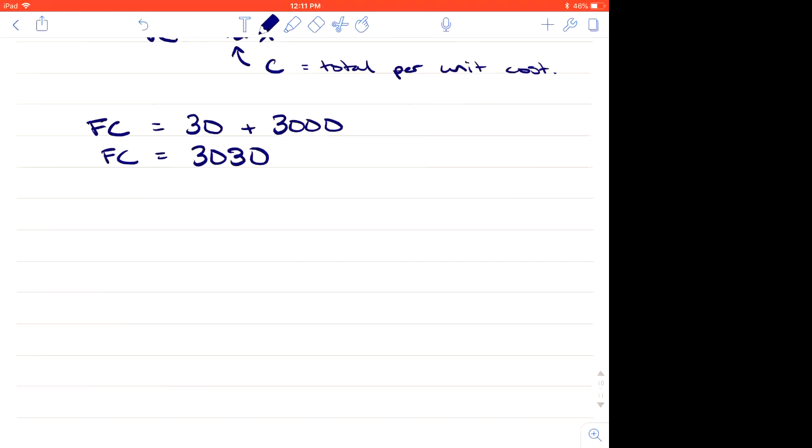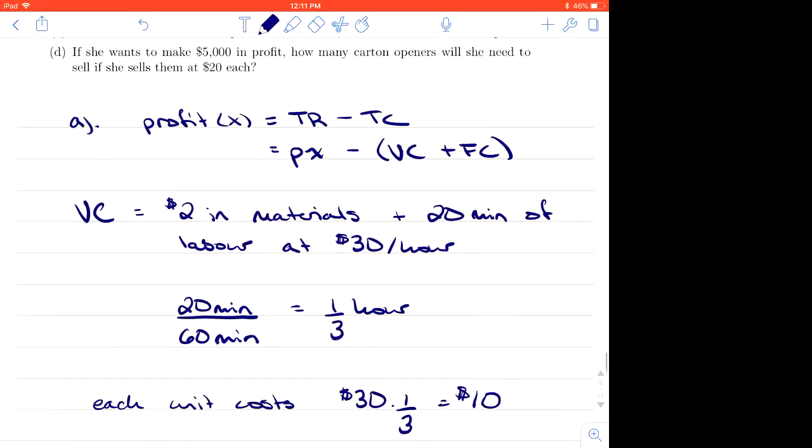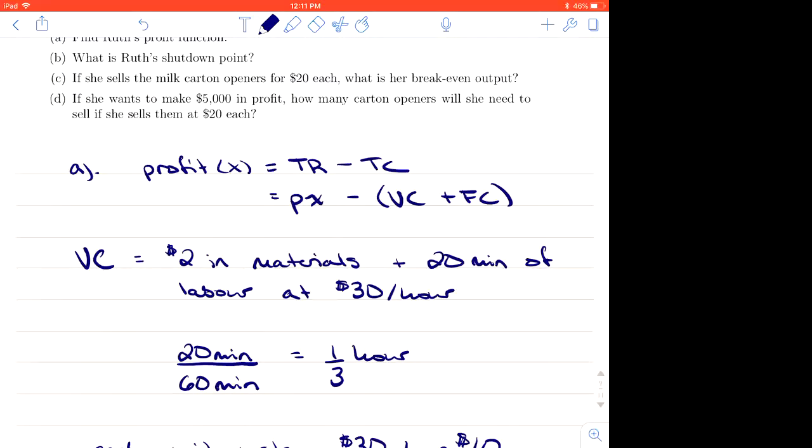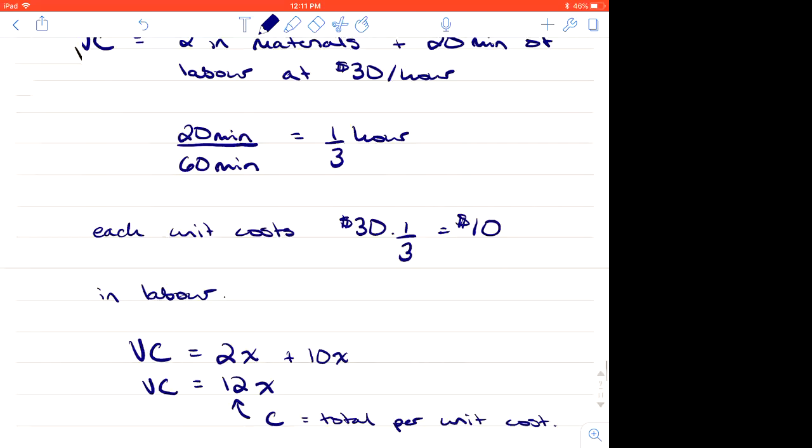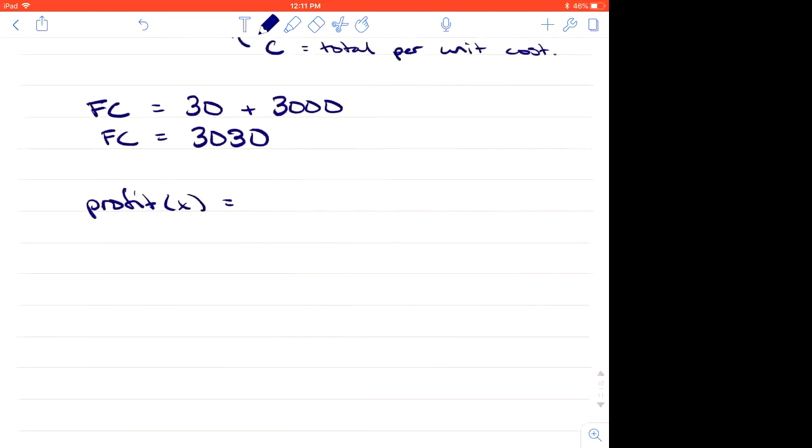Now we can say, okay, well, remember our profit function? Profit of X, we kind of left it hanging because we said, well, we don't know our variable costs and our fixed costs, we'll come back to it. So now I'm gonna just jot that down. Picking up where we left off, the profit is PX minus the variable cost plus the fixed cost.